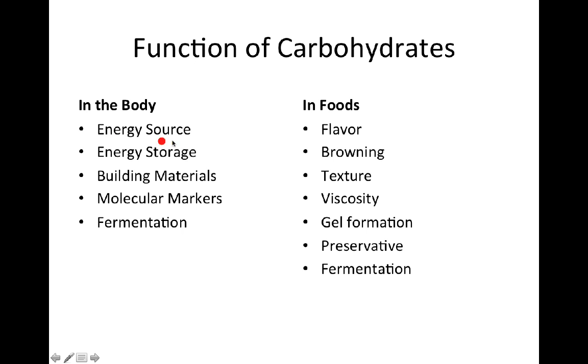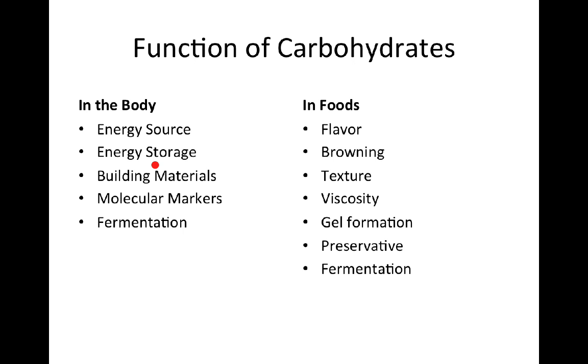In the body, it acts as our primary energy source, or our preferred energy source, especially for the brain. We'll talk about this more when we get to fats, because fats are going to have an interesting role in energy usage as well. But carbohydrates are also stored in the body.